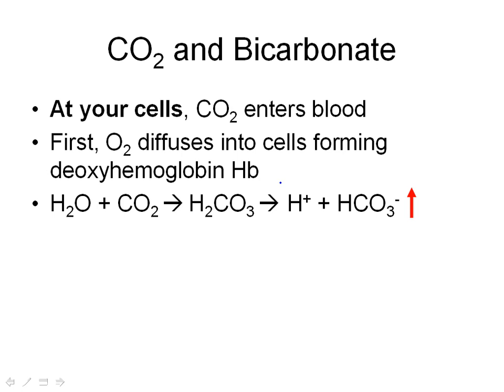We now have CO2 entering the blood. So I could almost add that in. CO2 enters the blood. Now remember, how does CO2 travel in the bloodstream? Well, some of it is simply going to dissolve in plasma. Some of it will attach to hemoglobin, making carbaminohemoglobin, HbCO2.